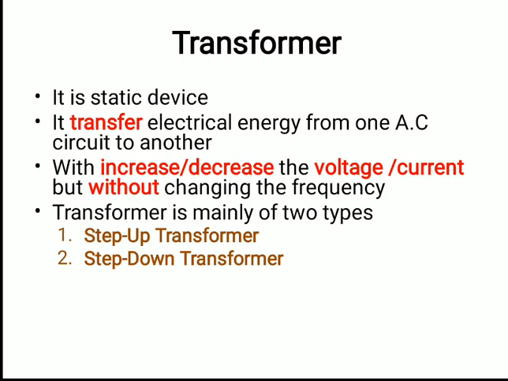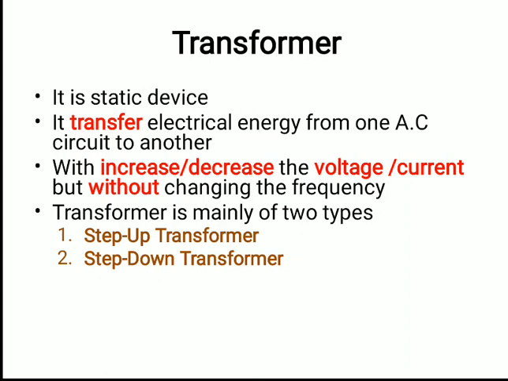Second, it transfers electrical energy from one AC circuit to another. Just remember this point: from one AC circuit, not a DC circuit, to another AC circuit. And the third point is, it can increase or decrease the voltage or current, but without changing the frequency. So we have seen three things here. First, it is a static device.